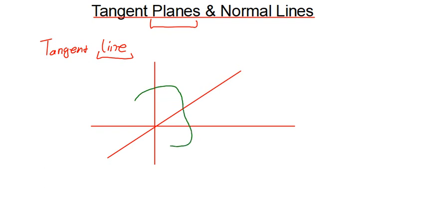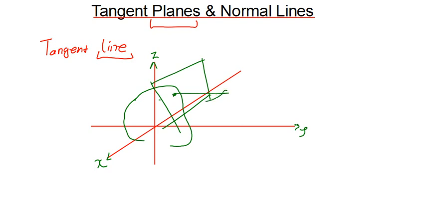This is the z-axis, this is the y-axis, and this is the x-axis. So the plane that is tangent to this surface at a particular point, that is the tangent plane that you're talking about. Maybe it's touching somewhere at that point, and we have the normal line somewhere, something like that.